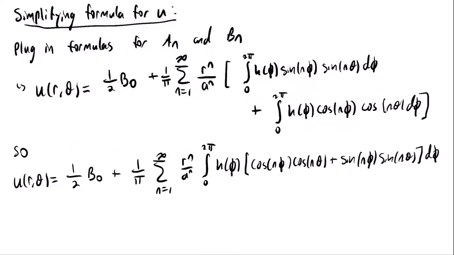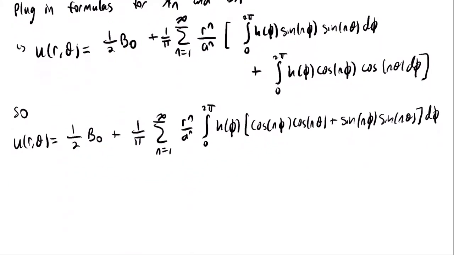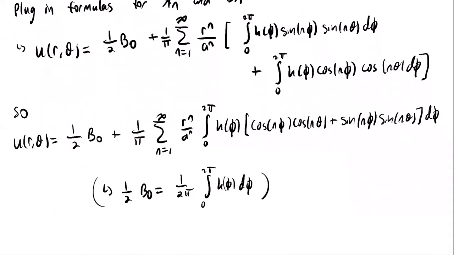And so what I'm going to do now is bring this constant term into this domain. I can do this in the following way. Remember that 1/2 times b0 is given by 1 over 2 pi times the integral of just h of phi d phi, on this domain from 0 to 2 pi, using our formula for the cosine Fourier coefficient.